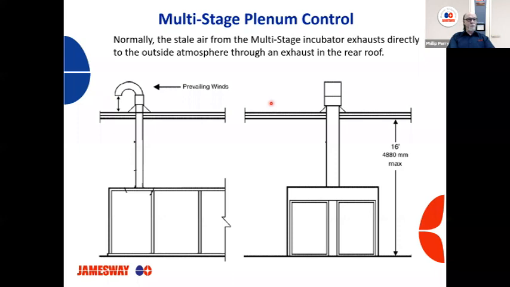It's equally feasible to connect the machines to a common powered exhaust, but again, it's not necessary as long as we don't go over a 16-foot ceiling. The machine will remove the stale air itself. We just want to make sure that our supply area has the proper supply of air in the room itself.